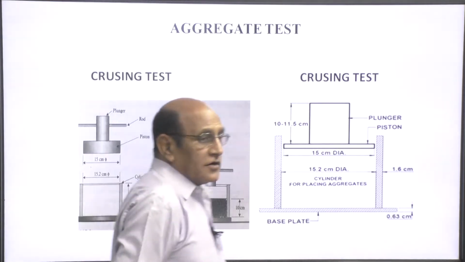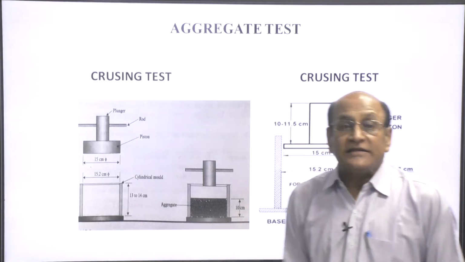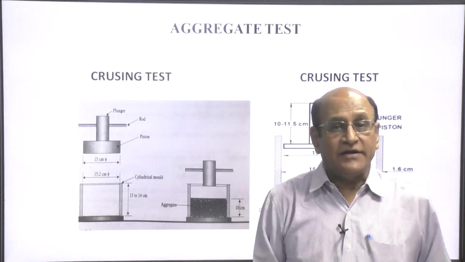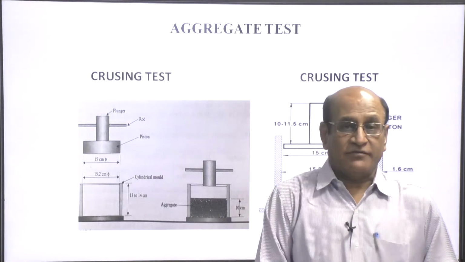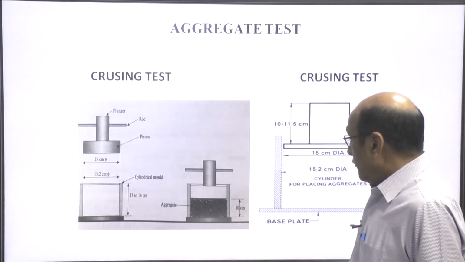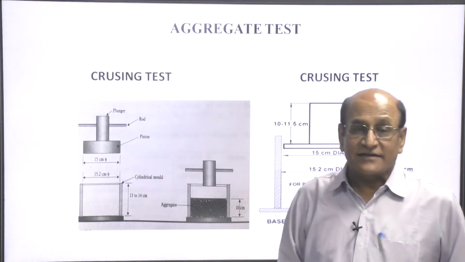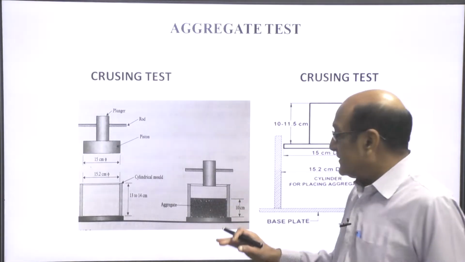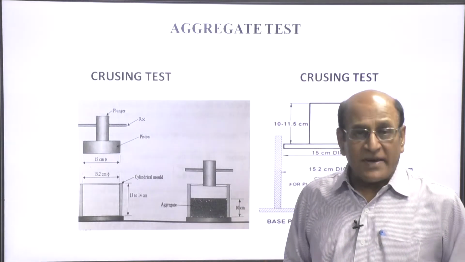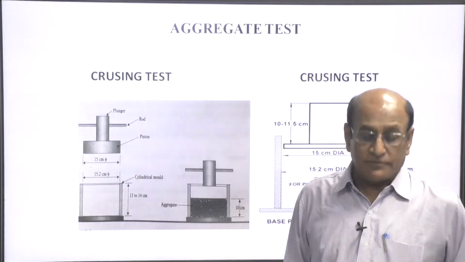The sample that we have taken for the test should pass through 12.5 mm sieve and be retained on 10 mm sieve. First of all, we place this sample in 3 layers and each layer is compacted by a tamping rod with 25 blows.